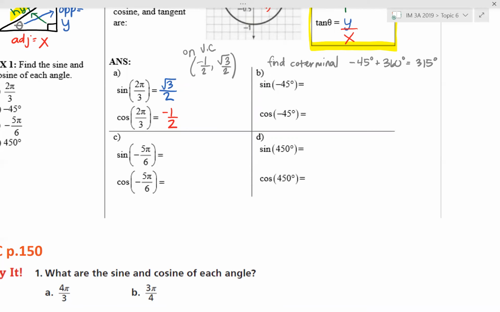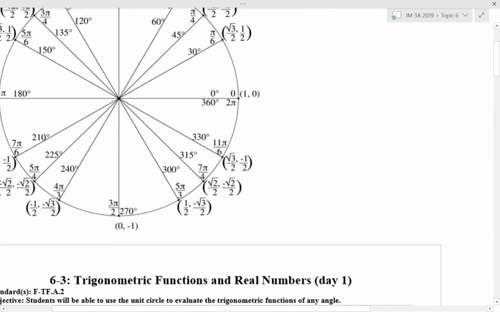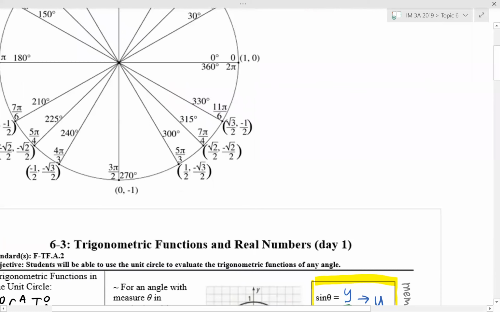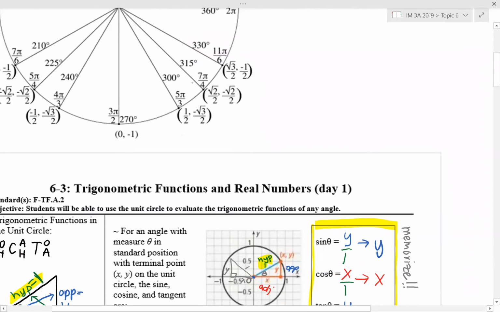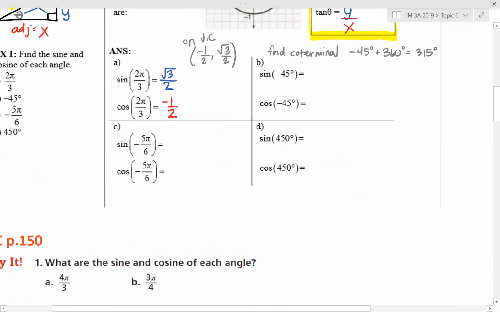So now I'm looking at 315 on the unit circle. That angle measure is down in quadrant 4. It tells us that the x coordinate is the square root of 2 over 2 and the y coordinate is -square root of 2 over 2. We're going to use that point to answer the question. So we're going to write down square root of 2 over 2, comma, -square root of 2 over 2.